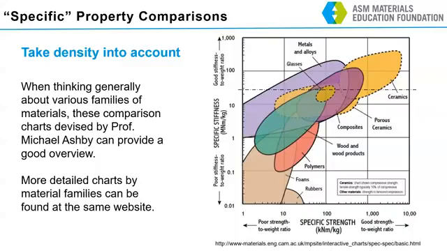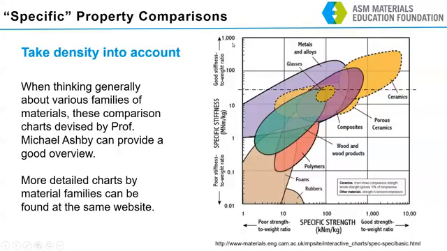And if you're looking for a complex graph project for your students, engineers take mass into account by looking at specific properties. We call them specific. So what we've done is we've taken that big capital letter E value here for stiffness, and we've divided it by the density of the material.